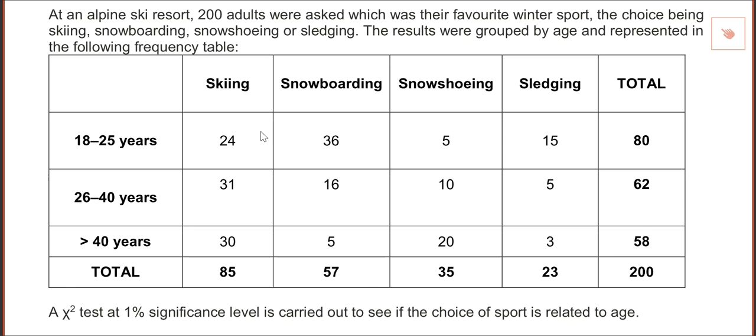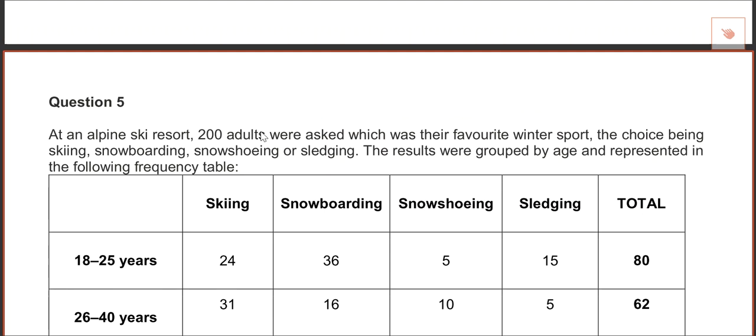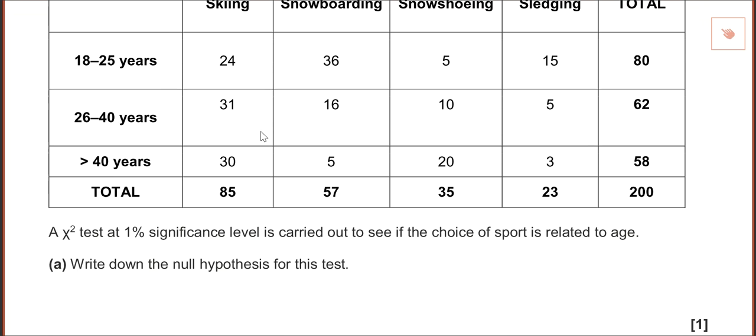Null hypothesis. Do you remember what a chi-squared test is actually? What's its full name? Chi-squared test of independence. So the null hypothesis is always blah, blah, blah, and blah, blah, blah are independent.